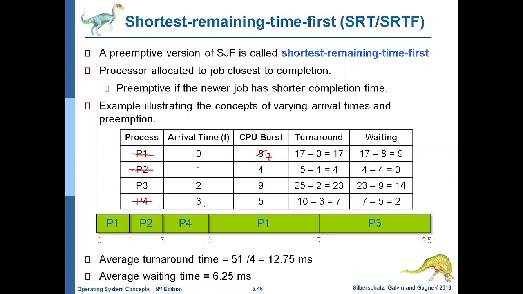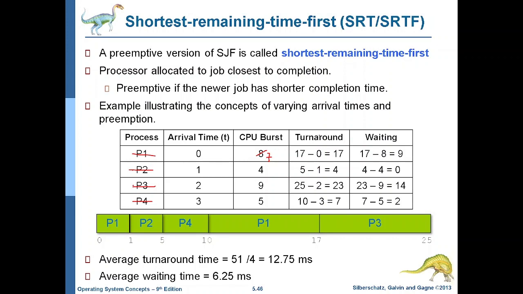So we will execute P3 until it finishes, and the CPU burst time is 9. So we will run this until it finishes, from 17 until 25. Okay, so right now we have already finished executing all the processes.